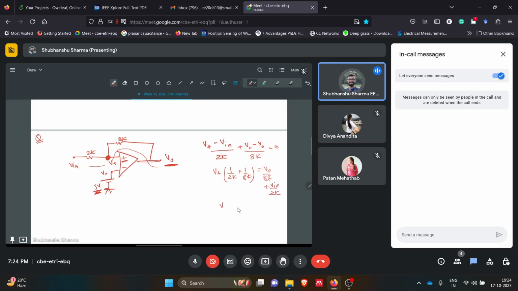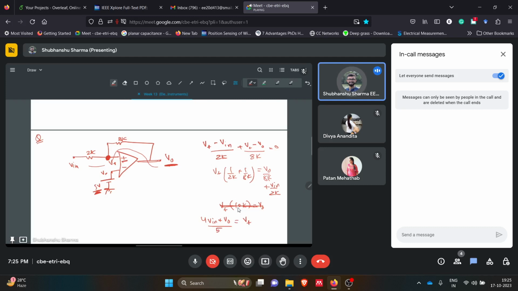Now if we solve this, we have 10k and we have 5k. So basically this will be (4V in plus V naught) by 5 equal to V plus.